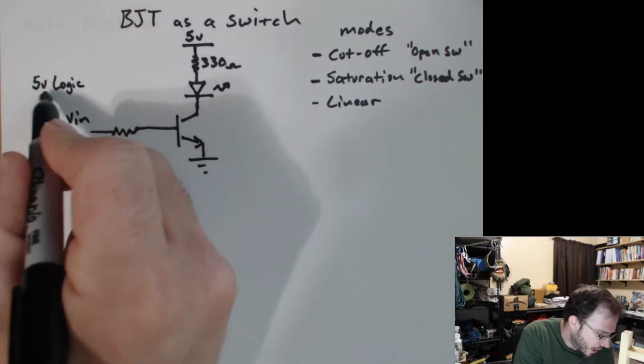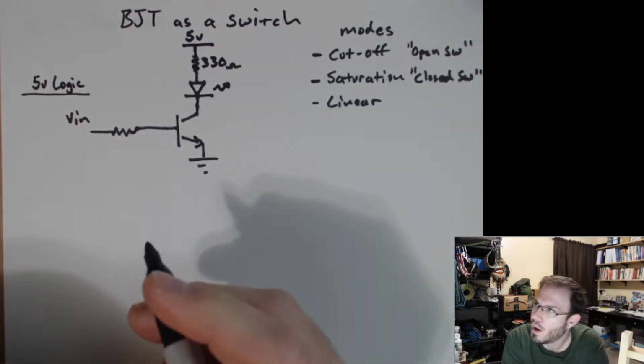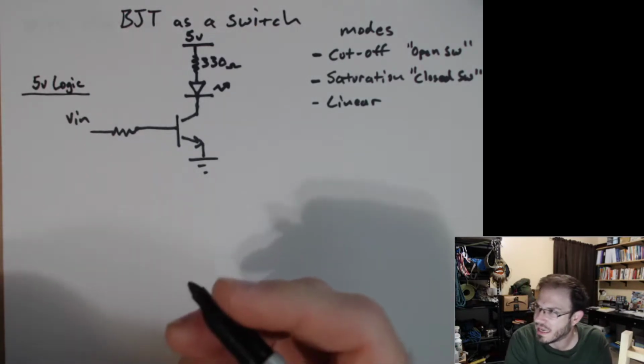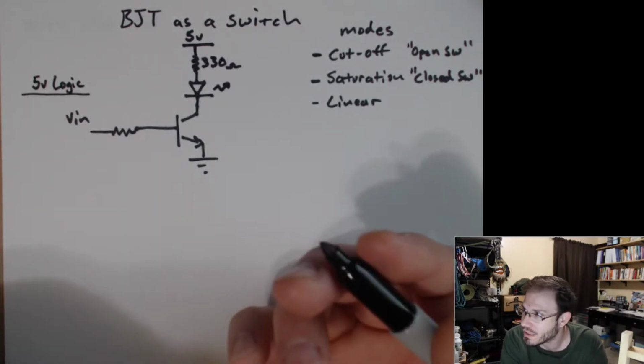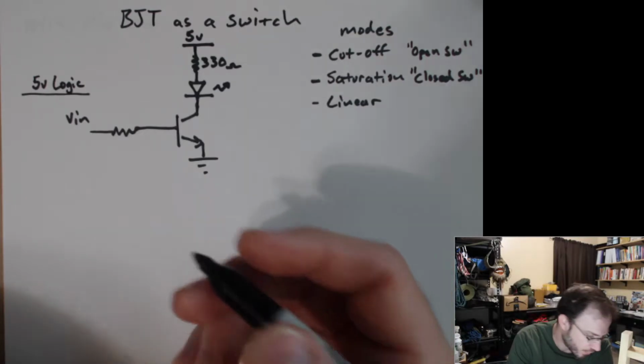So when we're talking about 5 volt logic, we're going to treat a digital 1 as being 5 volts and a digital 0 as being 0 volts.